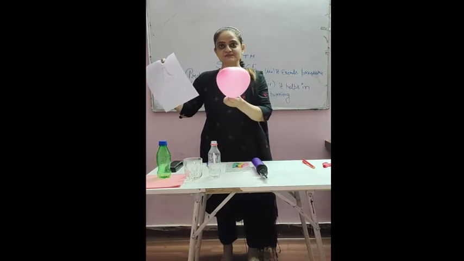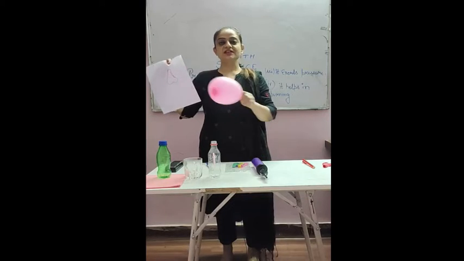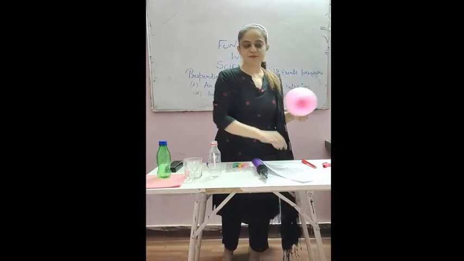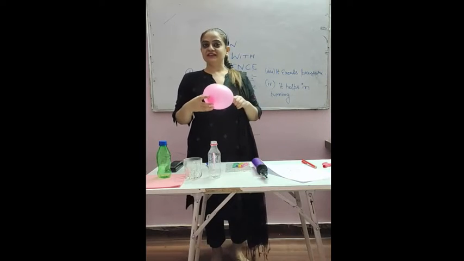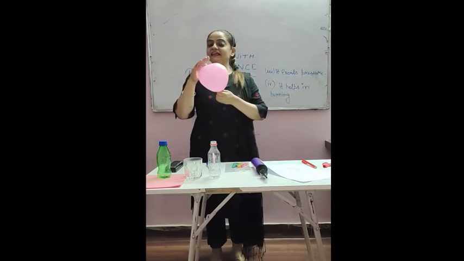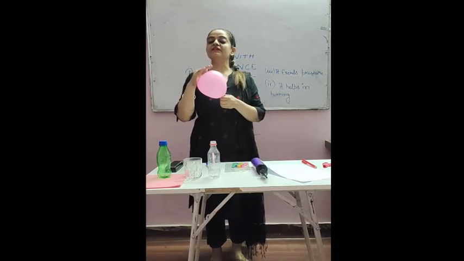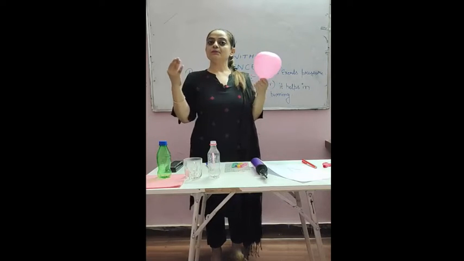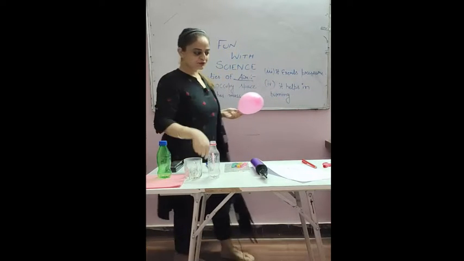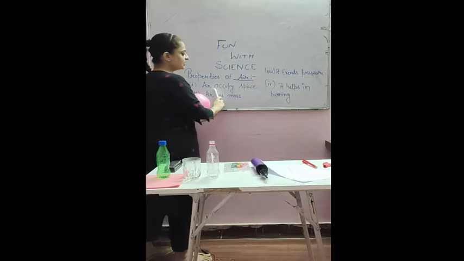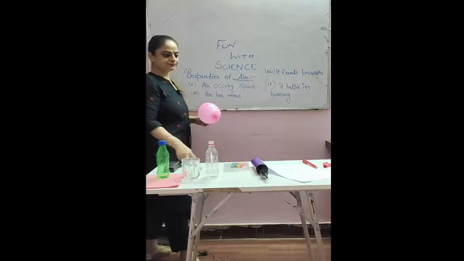Much more space is occupied by this balloon. So we have proved that the inflated balloon, the balloon having air, occupies much more area, which proves our first property, that air occupies space.